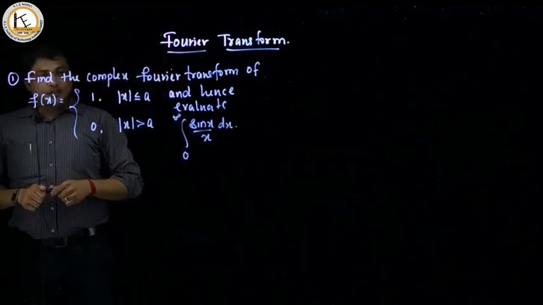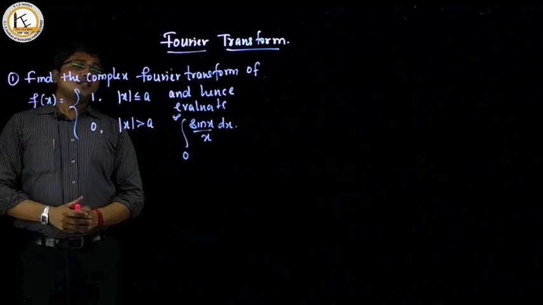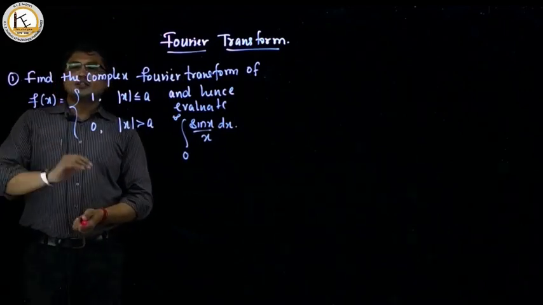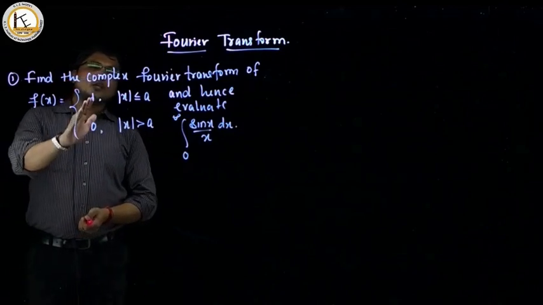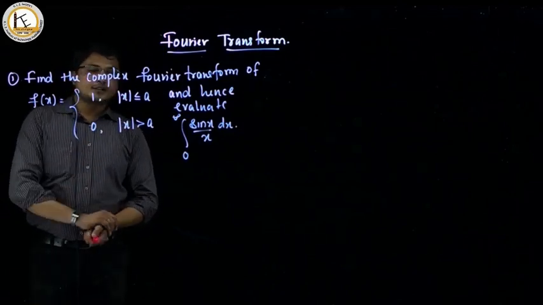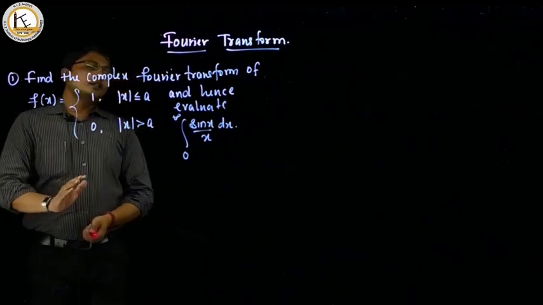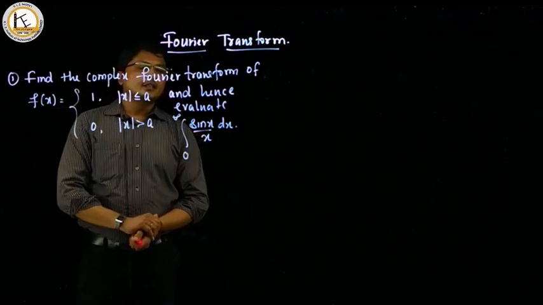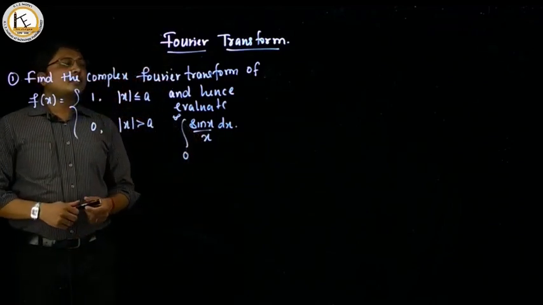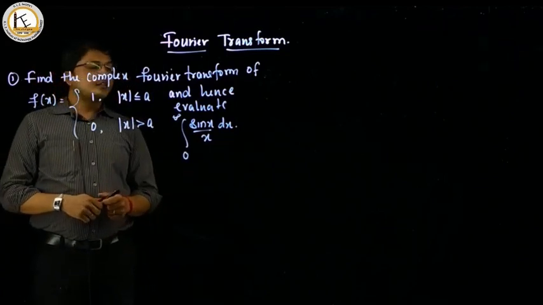Okay, so in this problem they are asking us to find the complex Fourier transform, and the function f of x is defined as 1 for all mod x less than or equal to a, and it is defined as 0 for mod x greater than a, and later we need to evaluate this integral. So how to find the complex Fourier transform or maybe infinite Fourier transform?